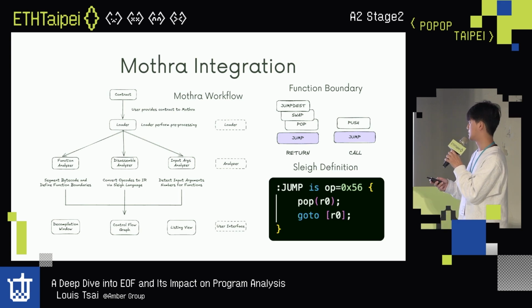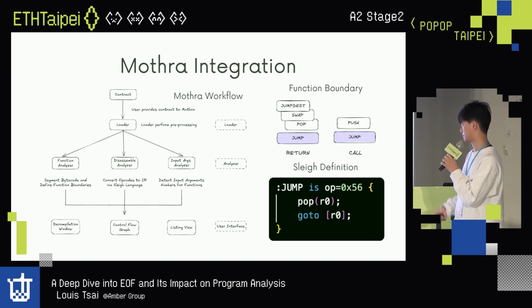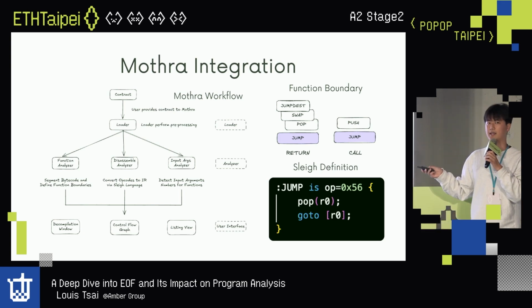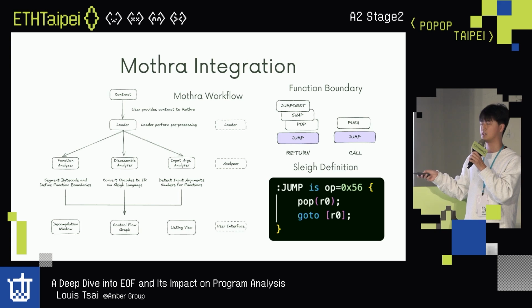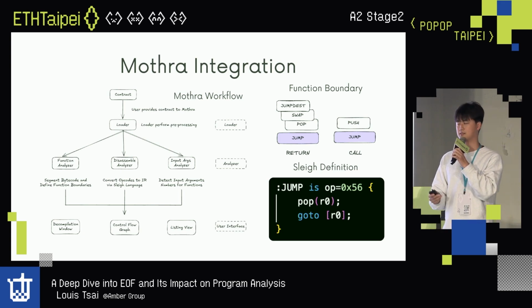There are also other views provided in Mosra, like the control flow graph or the listing view. And this is how we handle the legacy EVM decompilation.